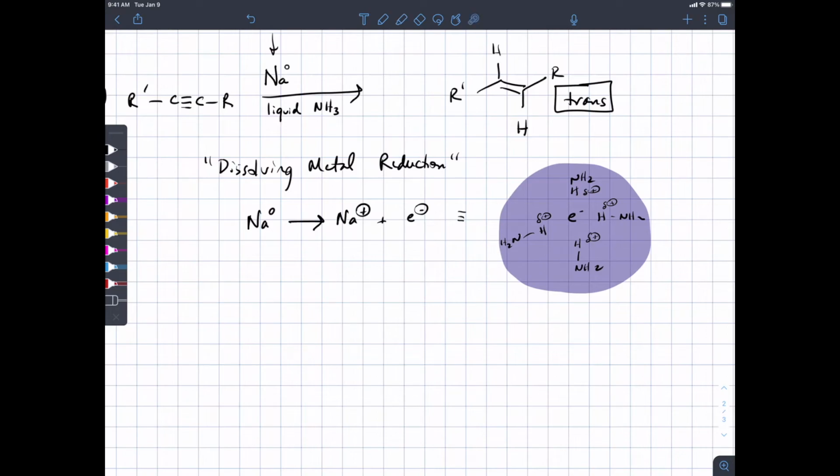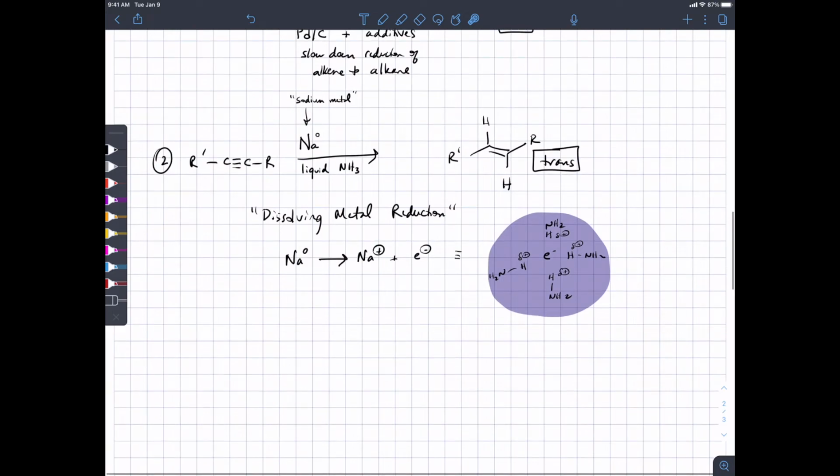What does this do? Well, the electron, when it's dissolved in ammonia, can now add to the pi star of the alkyne. The process that happens next is summarized in your text, and I don't care that you know it. But along the way, there are intermediates that are negatively charged, and the protons get added sequentially, and so you end up getting the more stable trans product.